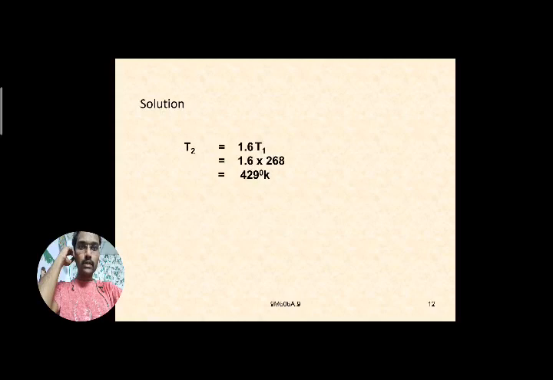Next, T2 is equal to 1.6 times T1, from the ratio T2 by T1 equal to 1.6. To get the temperature T2, multiply the T1 value by the ratio 1.6 into 268, which is equal to 429 Kelvin. The next ratio is T3 by T4, which is equal to P2 by P1 whole to the power of gamma minus 1 by gamma, which is equal to 1.6.